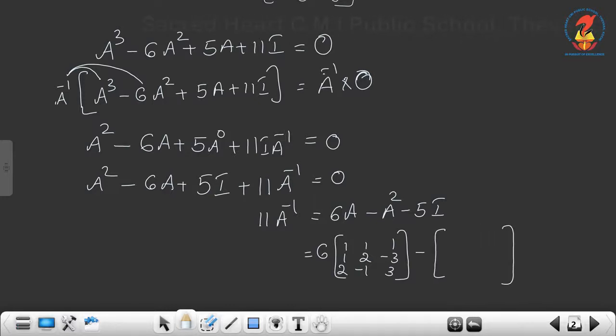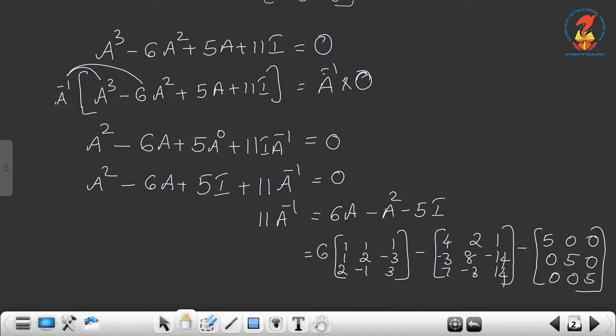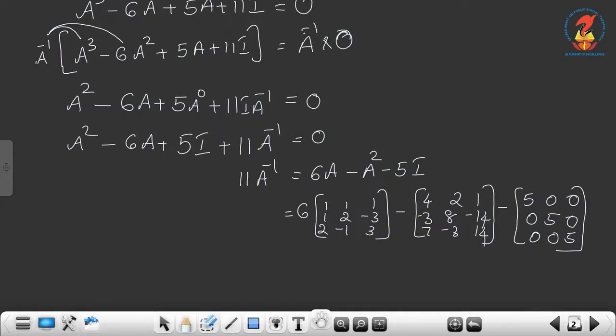A square is equal to 4 2 1, 3 minus 3 8 minus 14, 7 minus 3 14. Now minus 5I, that is minus 5 0 0, 0 5 0, 0 0 5. Now simplify this.